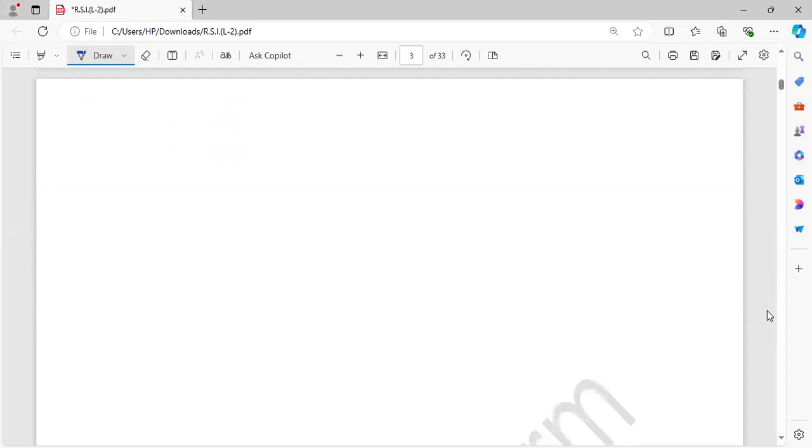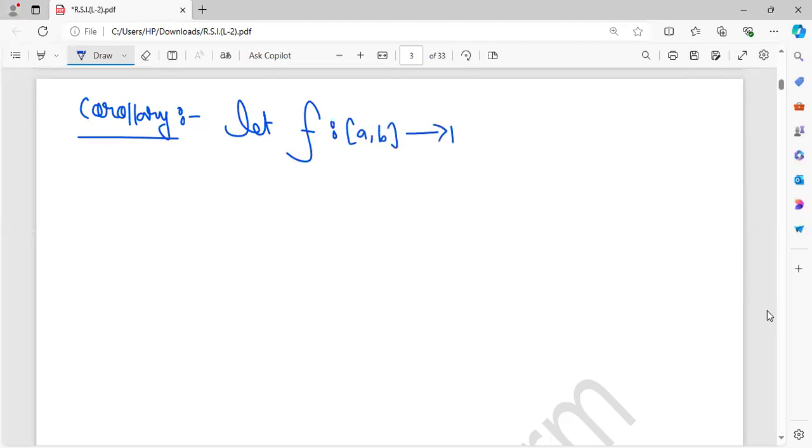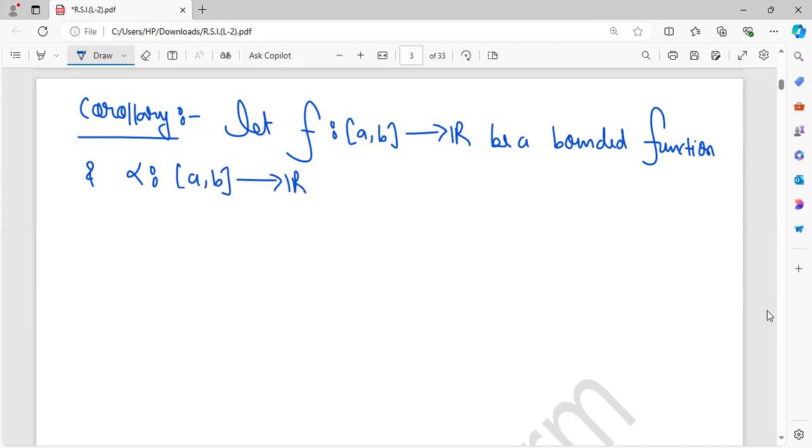So now I am writing a corollary. Let f: [a, b] → R be a bounded function and α: [a, b] → R be monotonically increasing.